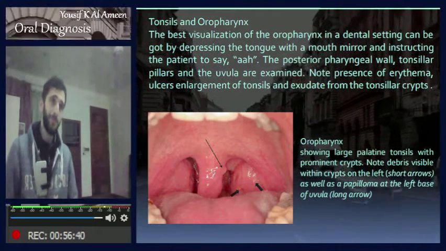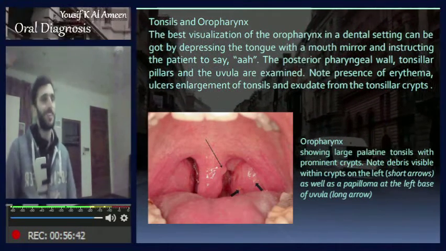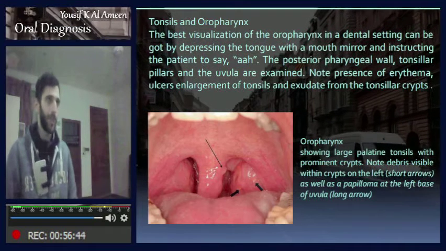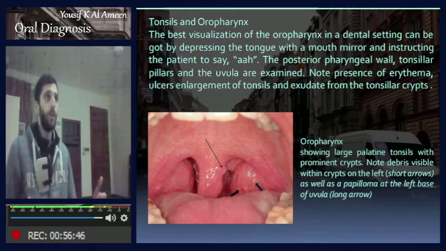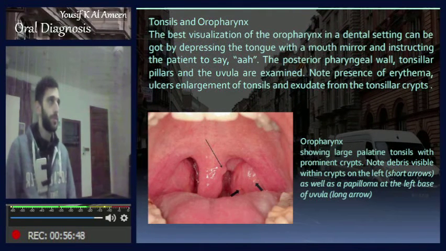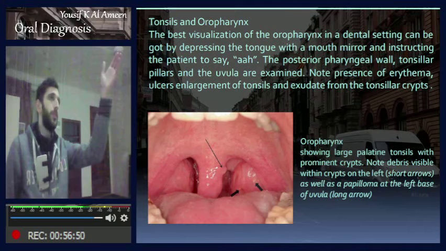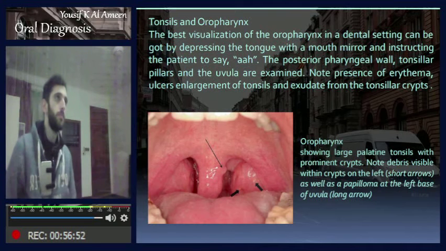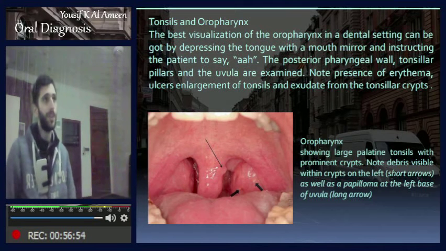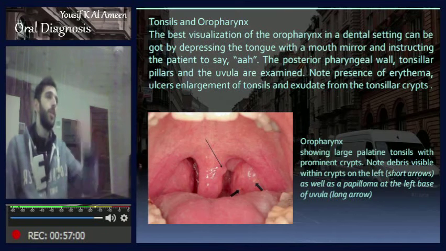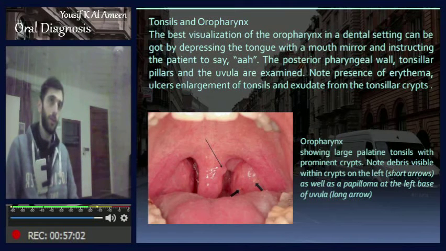Tonsils and the oropharynx. The best visualization of the oropharynx in a dental setting can be gotten by depressing the tongue with the mouth mirror and instructing the patient to say ah.